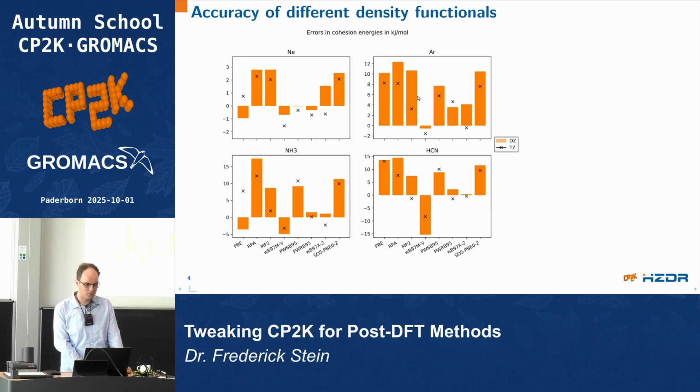RPA and MP2, interestingly, always on the same level, which is basically related to the missing short-range effects. But if we now go to, for instance, the PW-RB95, which is an RPA-based double hybrid functional, or the Omega B97X2, which is a MP2-based double hybrid functional, they are significantly more accurate than most of the other functionals.